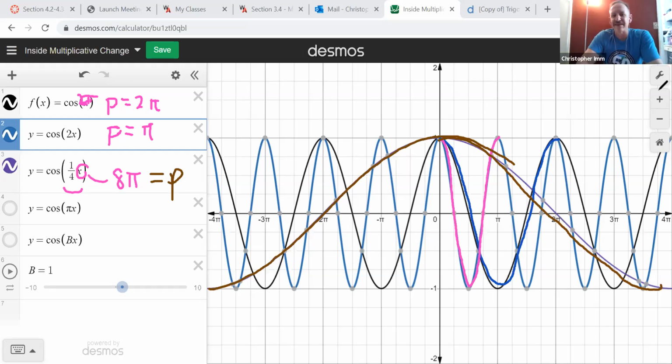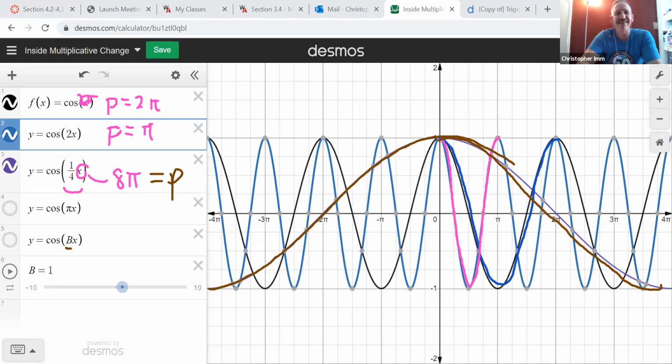So the number b is actually the multiplier down here. Would you take 2 pi times the inverse of the inside multiplier?